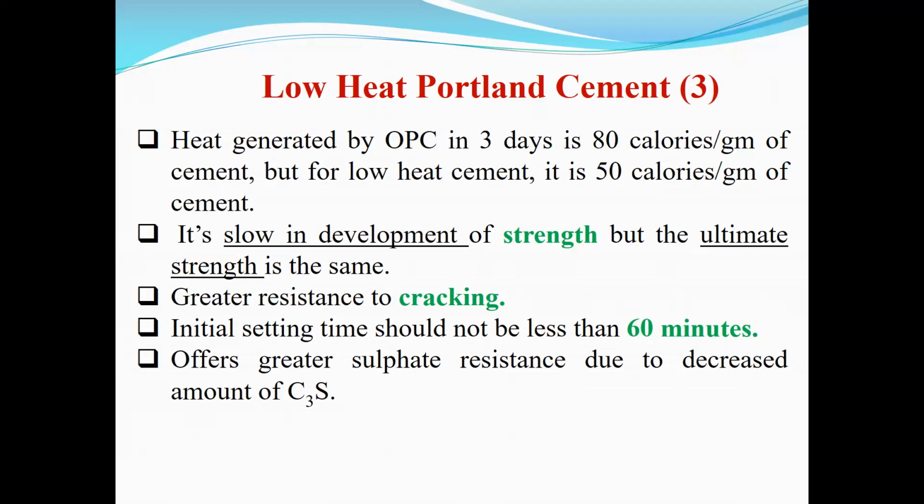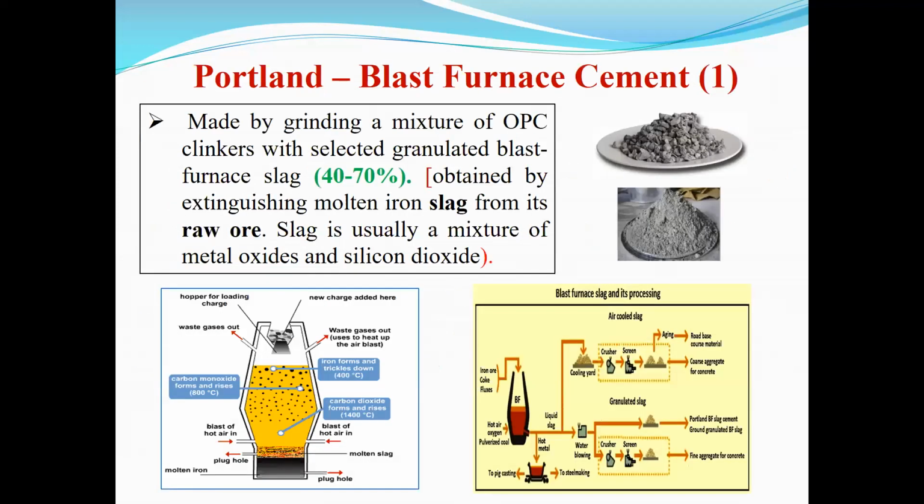That technical advantage we are getting ultimately helps to resist cracking. The initial setting time should not be less than 60 minutes, and it offers sulfate resistance because you have decreased the amount of C3S, so that offers resistance against sulfate attack.